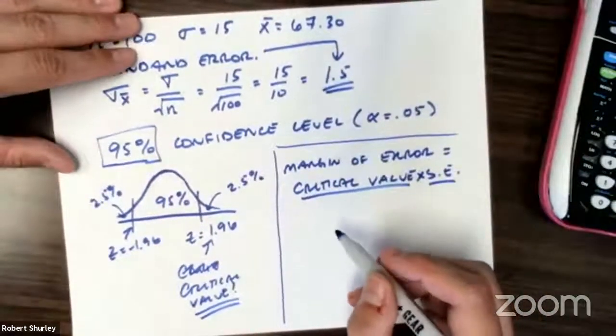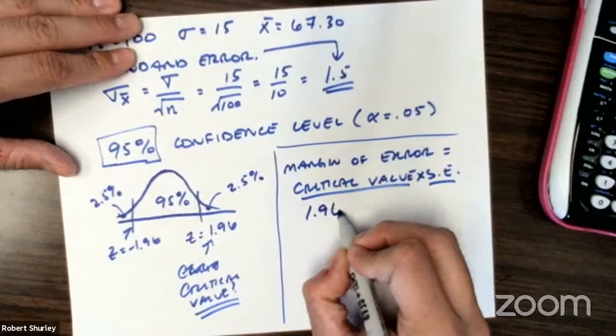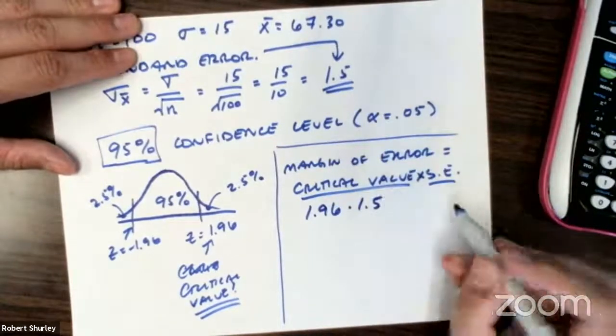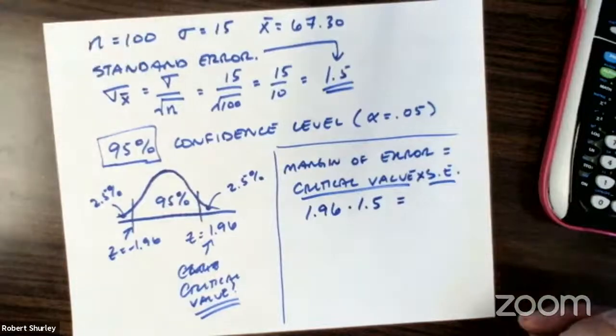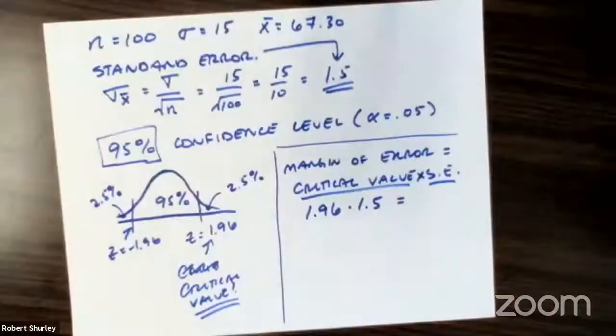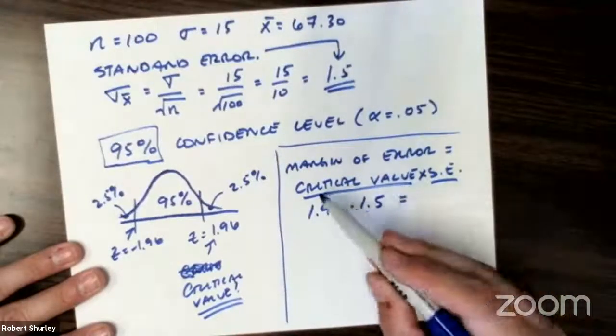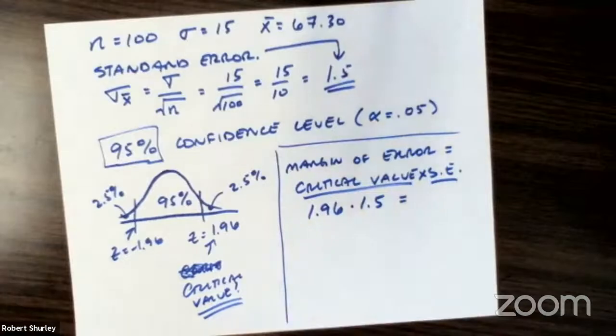So for us, it's going to be 1.96 times 1.5 for this example. It's times. I ran out of room. Critical value times standard error.